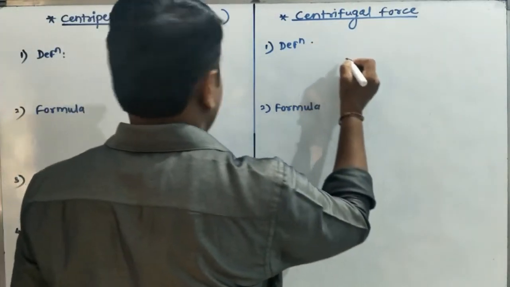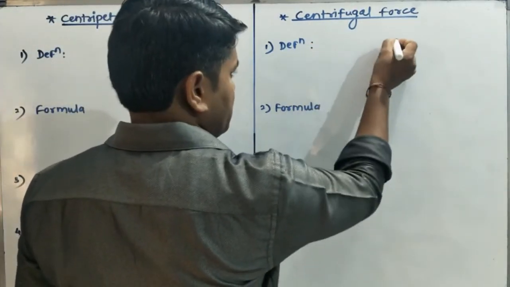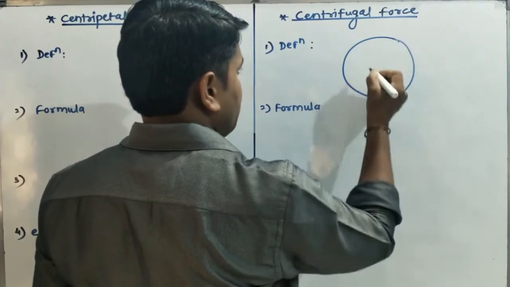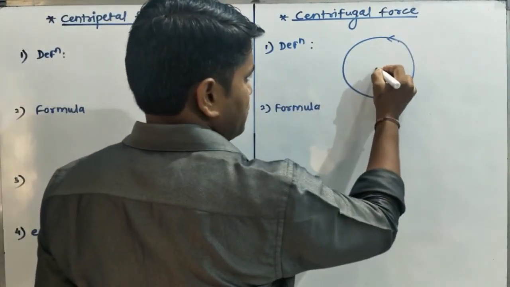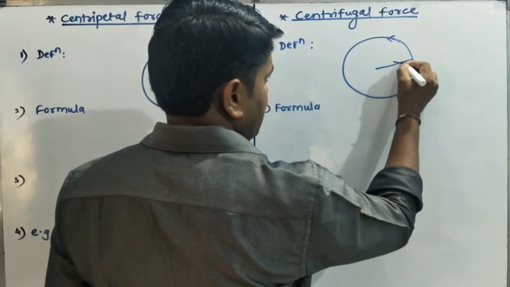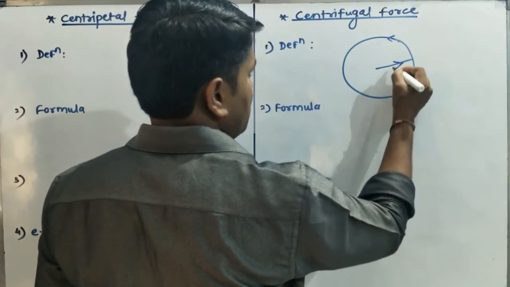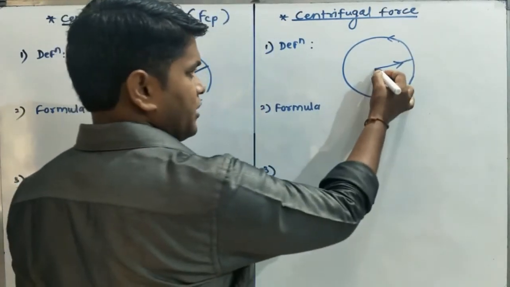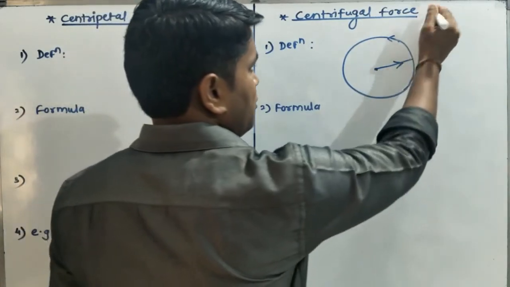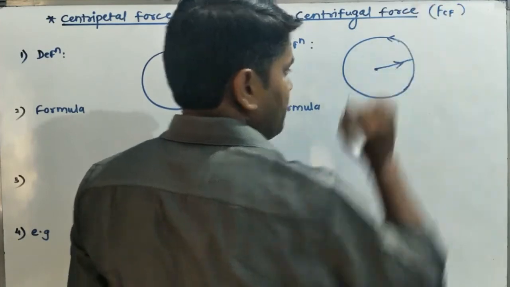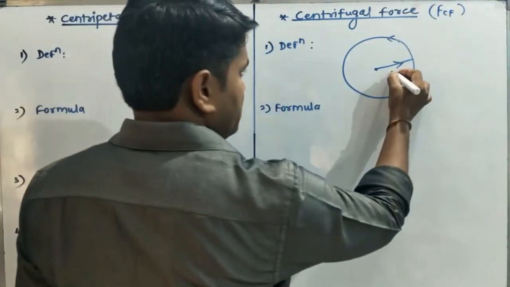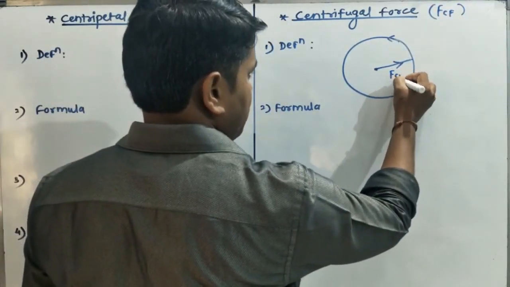The force which is directed away from the center of the circle is called a centrifugal force, FCF. Okay, this is your centripetal and centrifugal force.